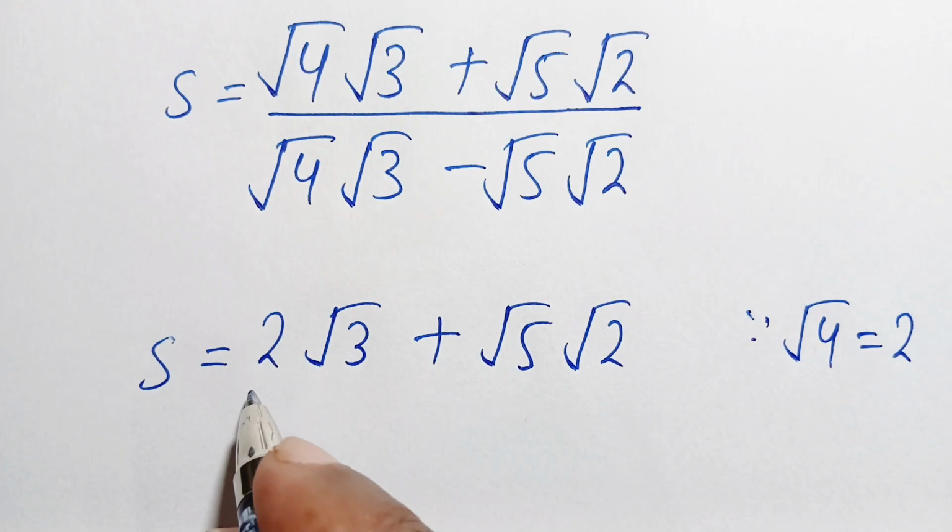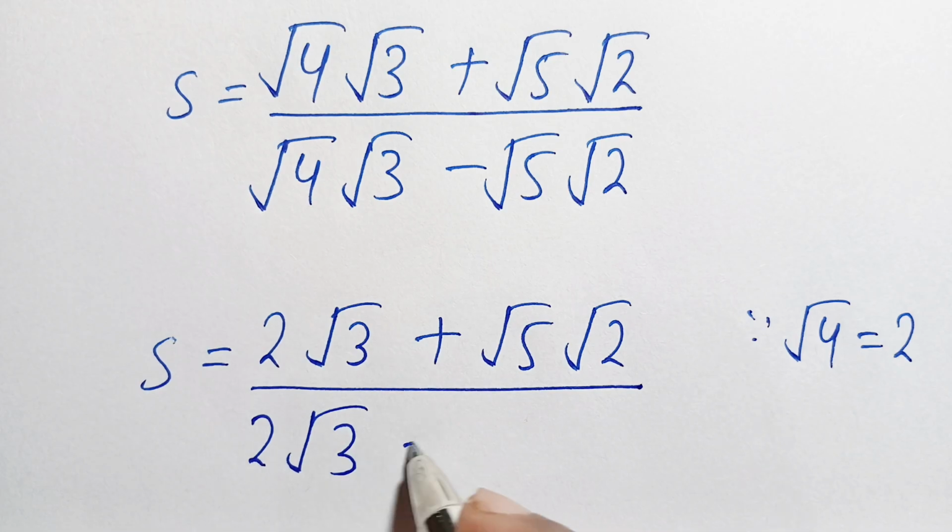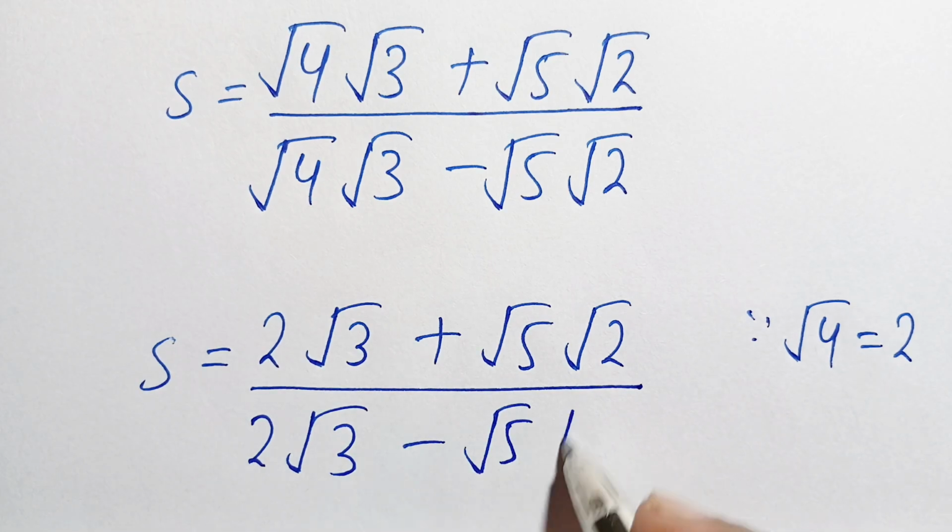Now divided by 2 under root 3 minus under root 5 under root 2.